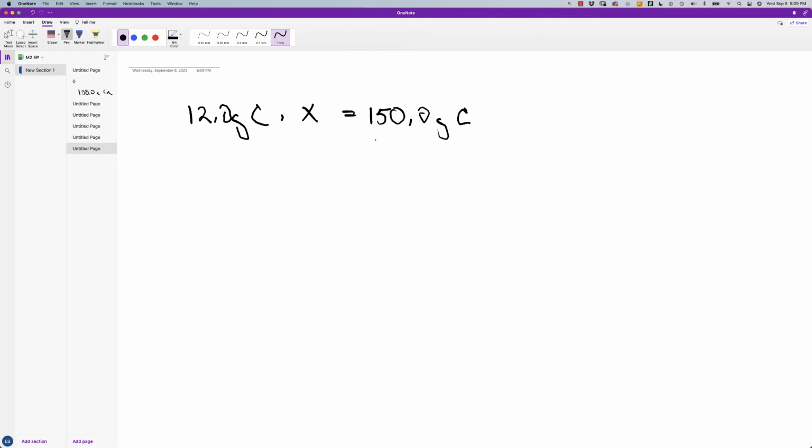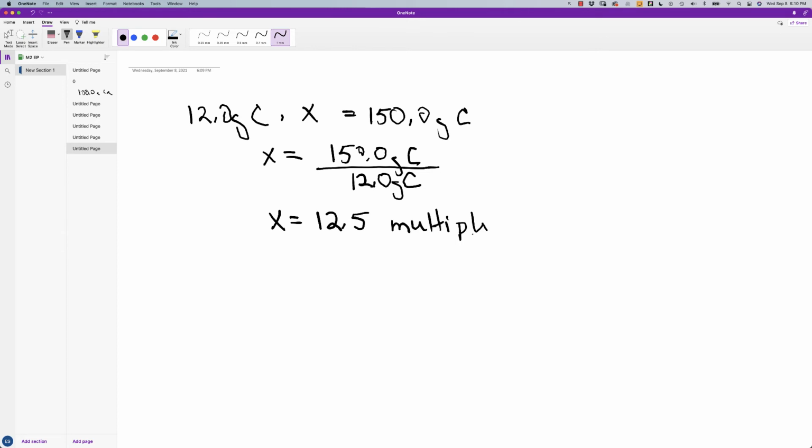Same idea. We isolate our x value: 150.0 grams of carbon divided by 12.0 grams of carbon. That gives us our multiple of 12.5. This is what we're going to multiply our initial amounts of carbon and hydrogen by.